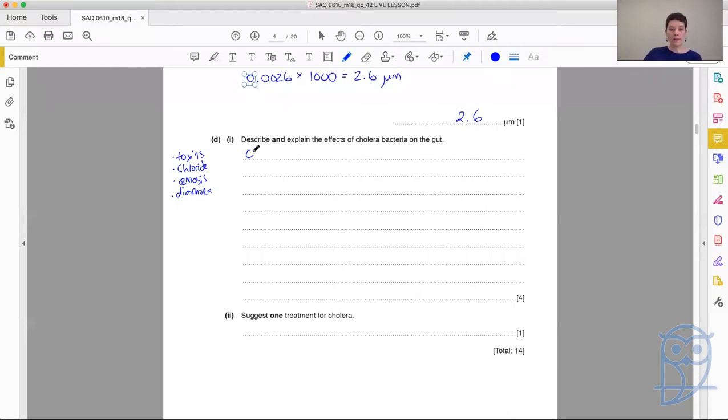So cholera bacteria produce toxins which cause chloride ions to be secreted into the lumen of the small intestine.